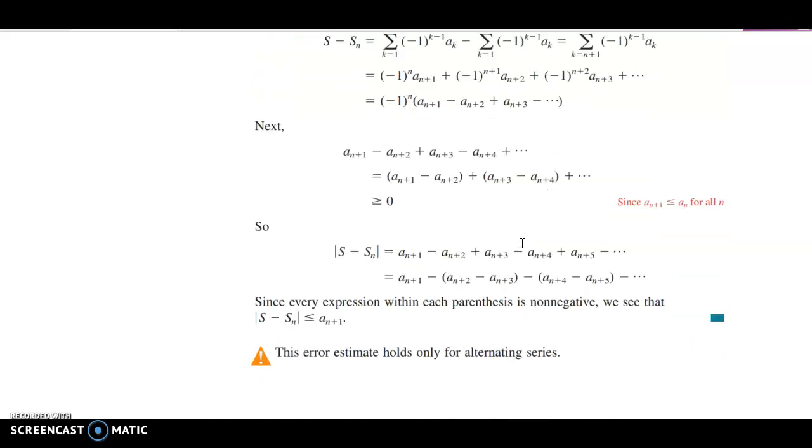So mod s minus Sn is equal to a positive quantity. Every expression is positive, so it is always less than an plus 1, because our terms decrease. So mod s minus Sn is always less than or equal to an plus 1. And this is the proof.